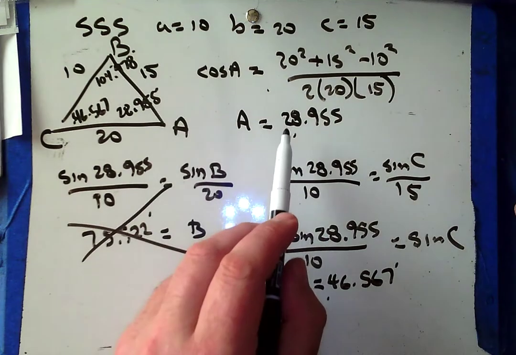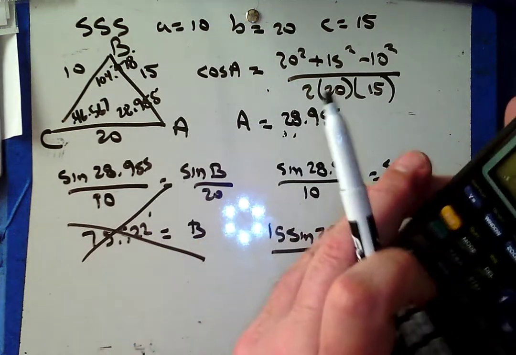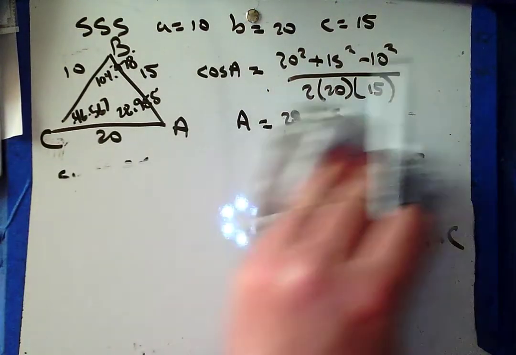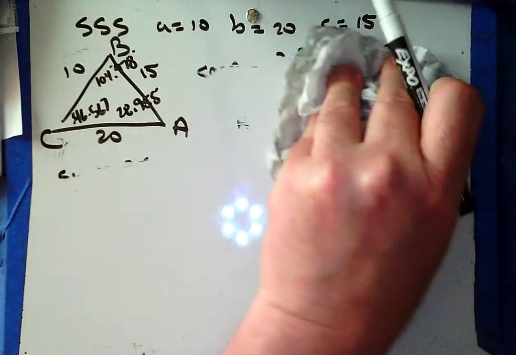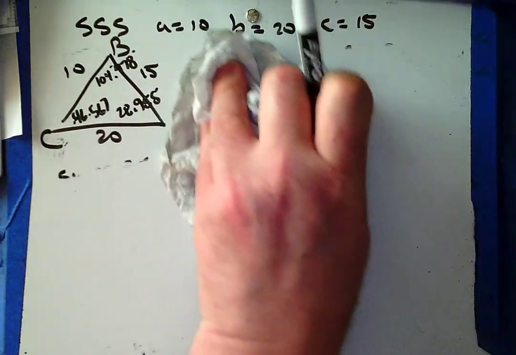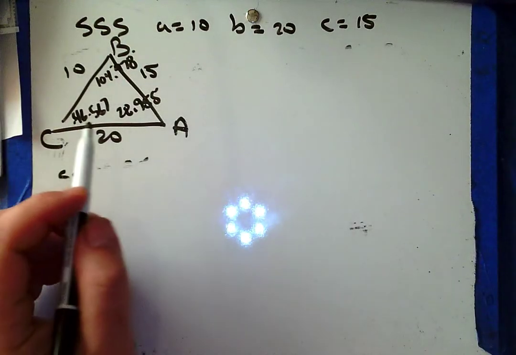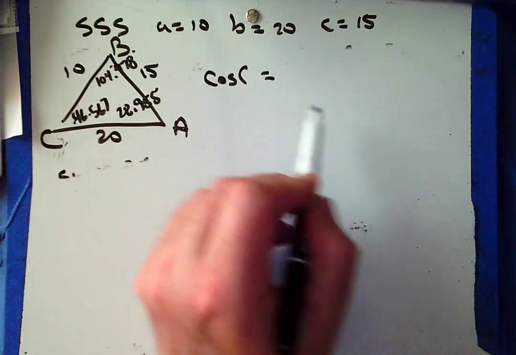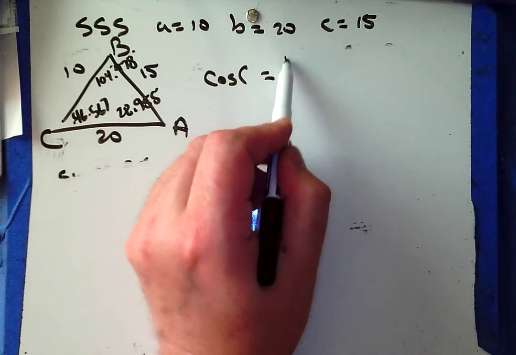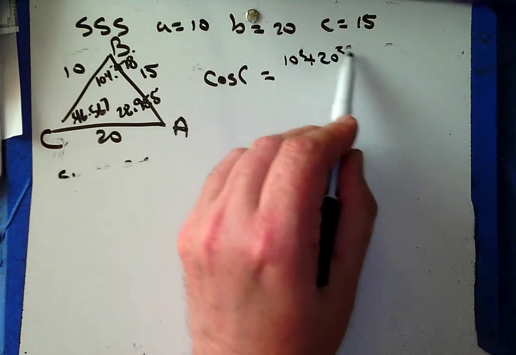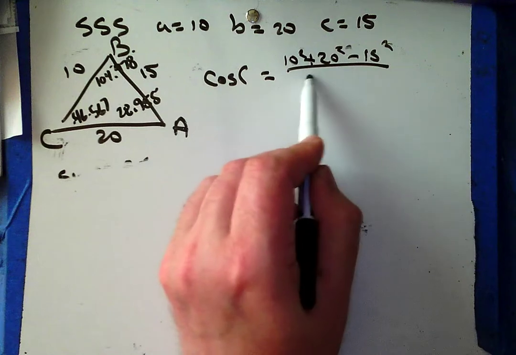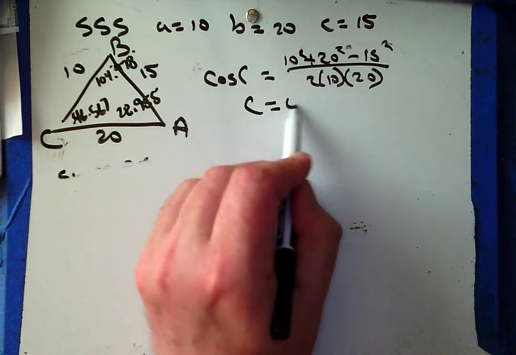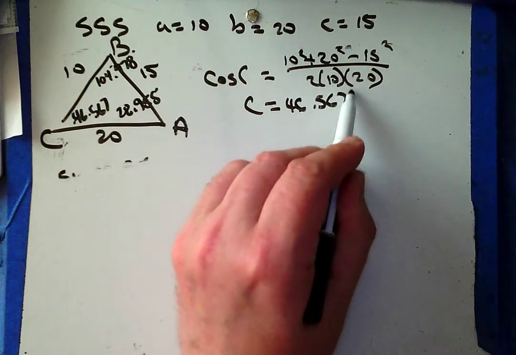But what if instead of finding A first, because remember we were looking at side here, what if we had found some other angle first? What if we had found C first? So we know that cosine of C equals 10 squared plus 20 squared minus 15 squared over 2 times 10 times 20. And we came up with C equals 46.567 degrees.